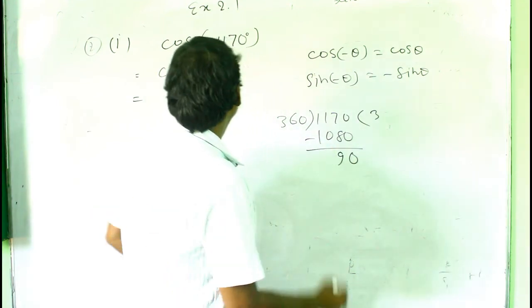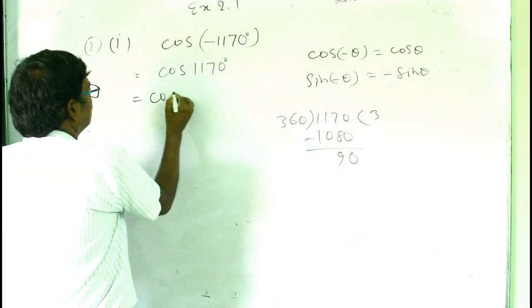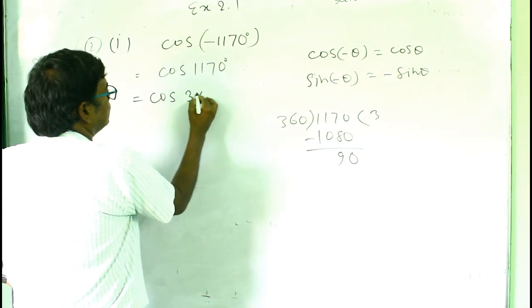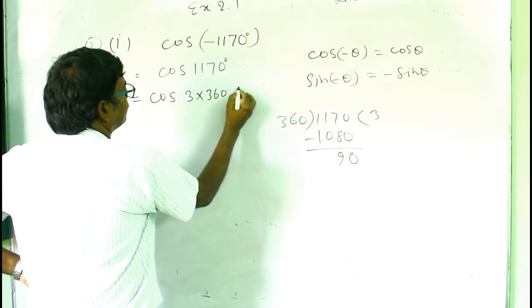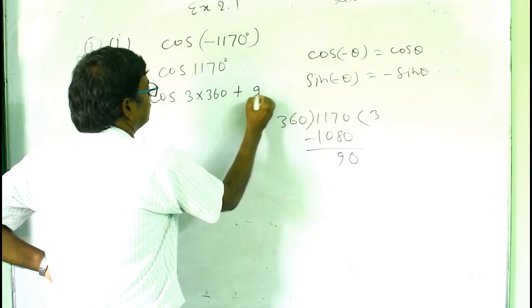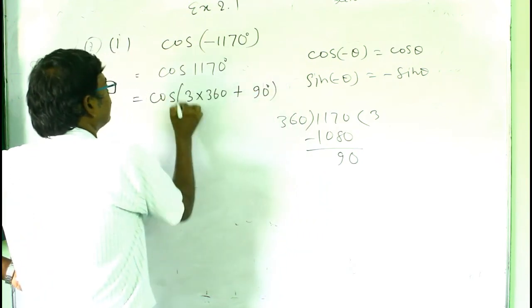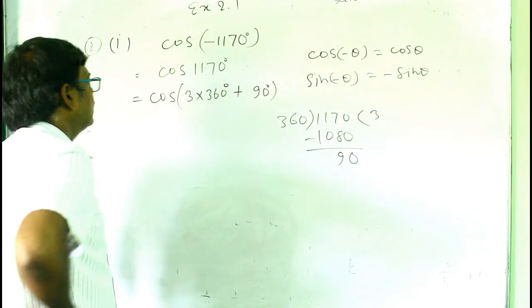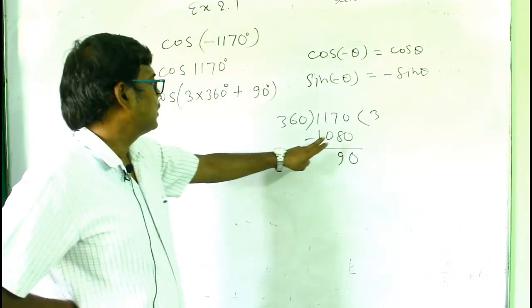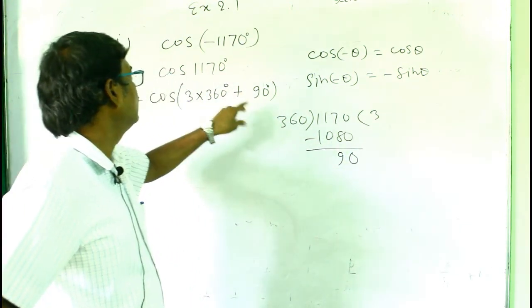So actually you can write this angle as 3 into 360 plus 90 degree, because 1080 plus 90 equals this much angle.